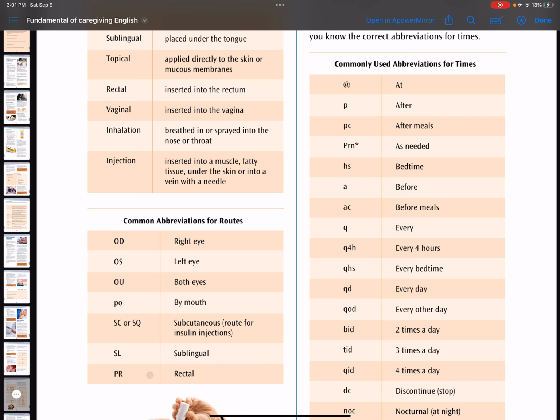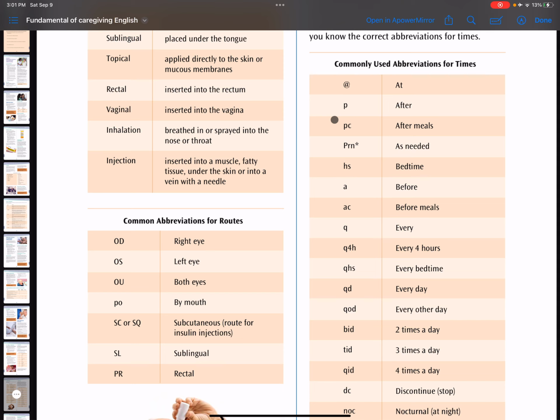The last one is the right time. The regular schedule for medication will be determined by the client, the doctor, a nurse, or a facility. So the schedule should be clear so that you can assist the client at the right time. Check the medication record or medication container for the correct time for the medication. Those are listed in here too.